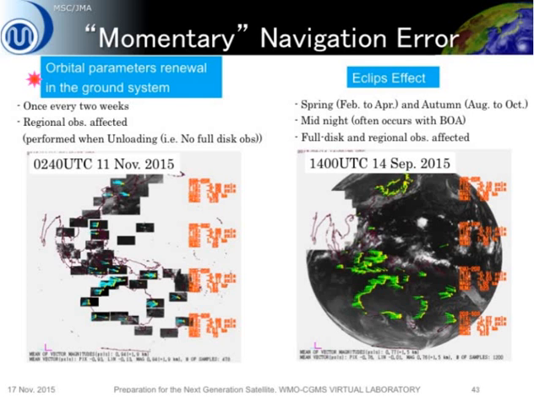Usually those two data are connected smoothly, but discontinuity occurs after maneuver operation. And this discontinuity causes several kilometers or several pixels navigation error, like left figure. But this orbital parameter renewal is performed during unloading operation, so only regional observations are affected, like this figure. There is no full disk observation.